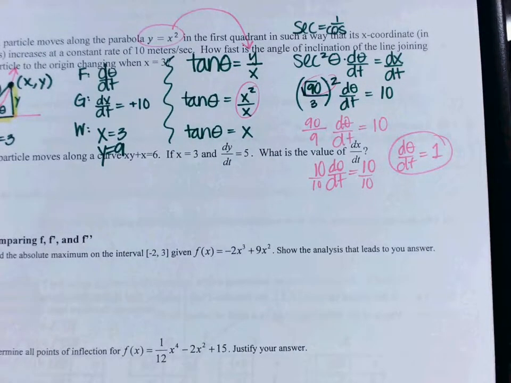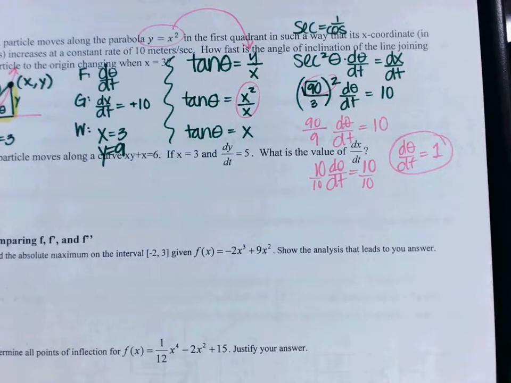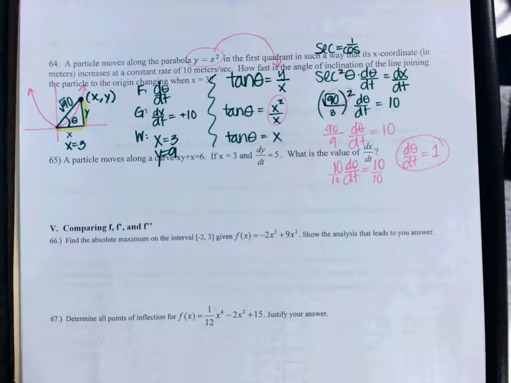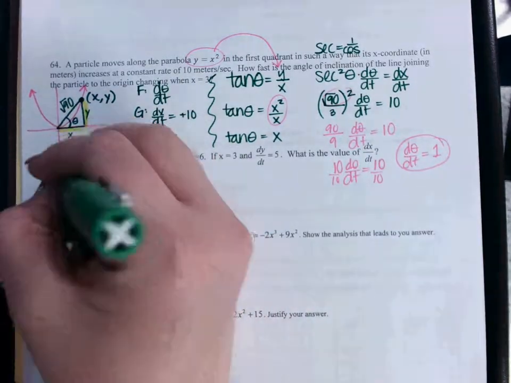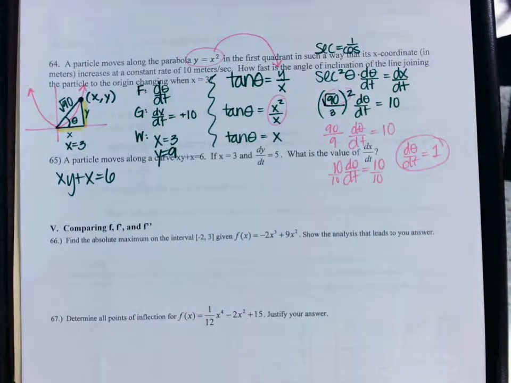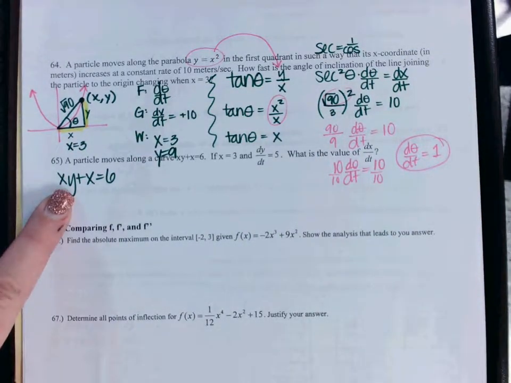Okay, I'm going to do one more from that section with you. Real quick on 65, look at your curve here. It says xy plus x is 6. When you take the derivative of that, what rule are you going to need on the xy part? Product rule.